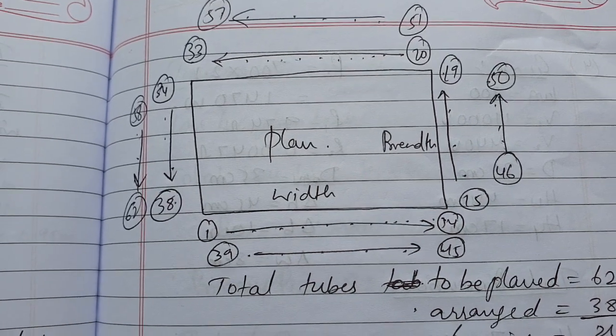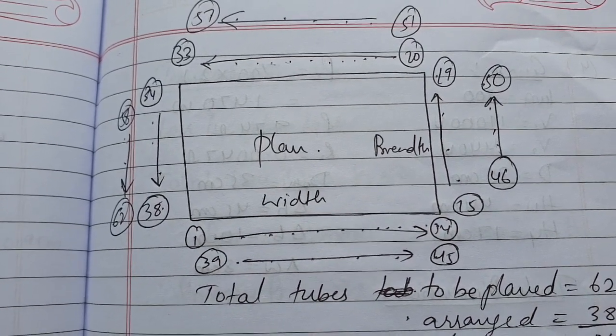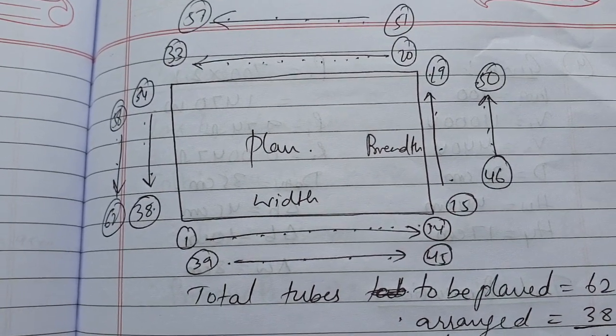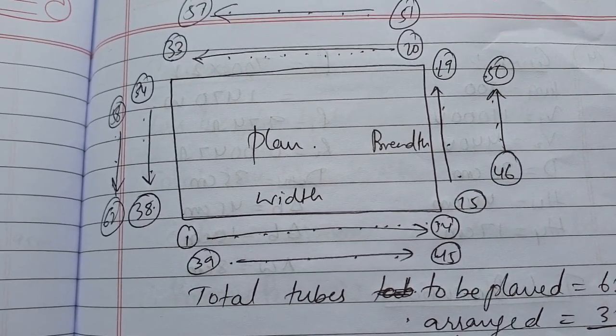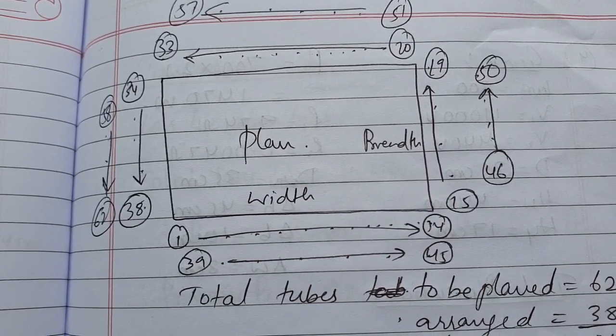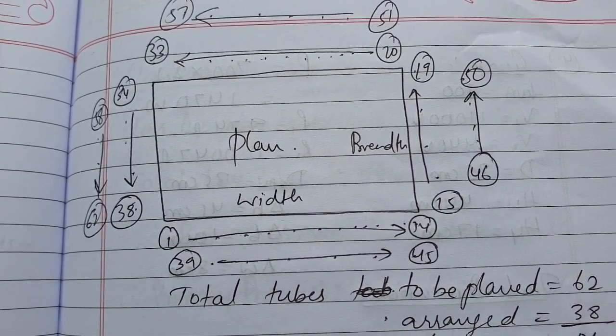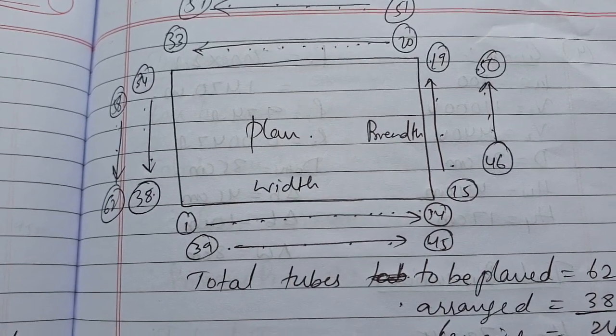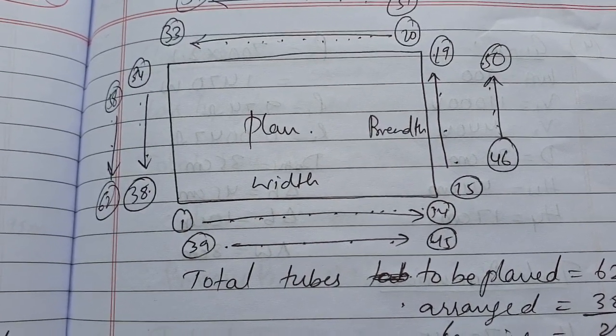To draw the schematic arrangement, first you have to draw the plan of transformer tank as shown in figure. We know that along the width we are going to place 14 cooling tubes and along the breadth 5. So let's start with number 1. Along the width from 1 to 14 we are going to place.